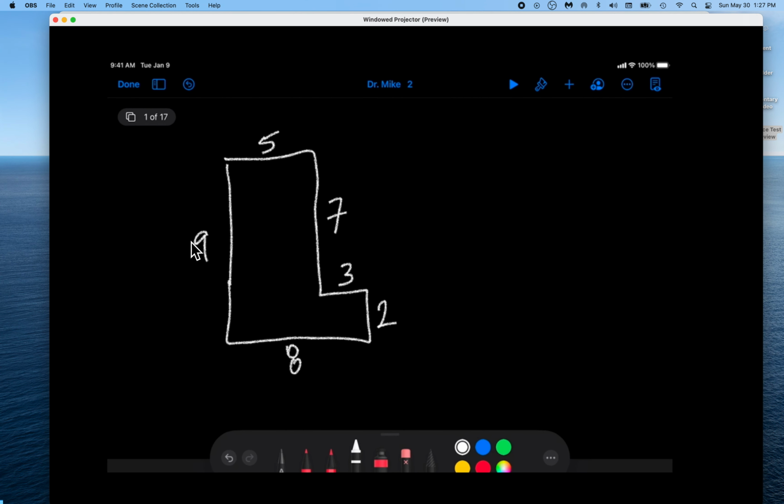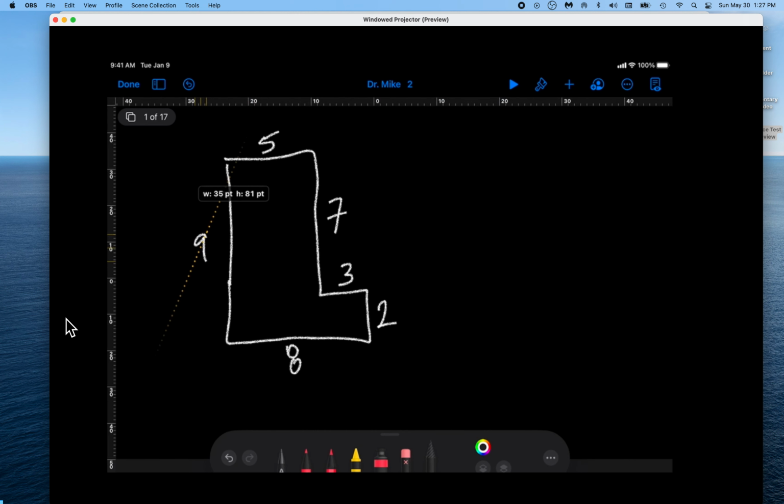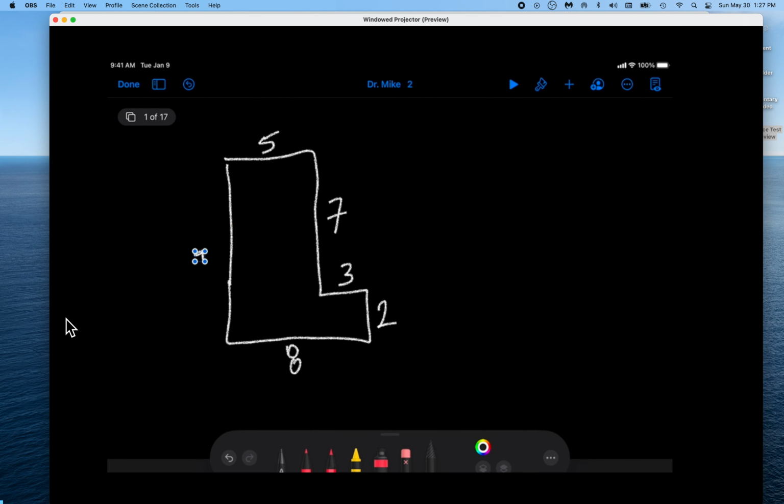We go after big numbers and make them small. The biggest number is 9. You go across the street to get your information. How do I make that 9 smaller? How do I shrink that?